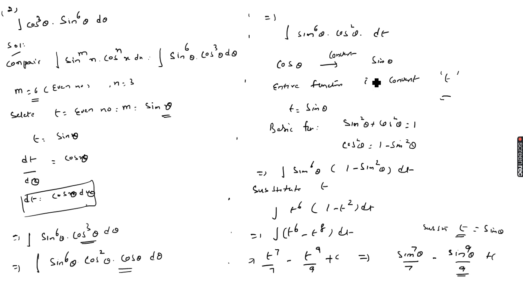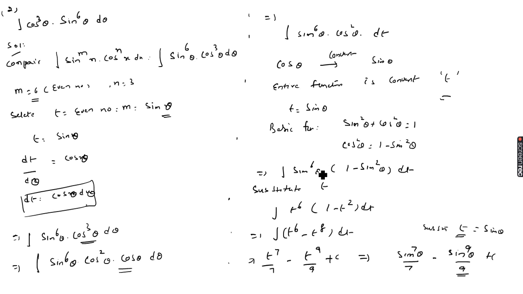The entire function must be converted into the form of t, so the cos will be converted into sine. How do we convert? The basic formula is needed: sin square theta plus cos square theta is equal to 1, so cos square theta is equal to 1 minus sin square theta.